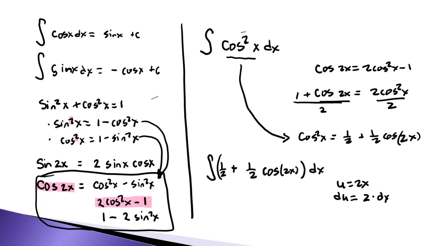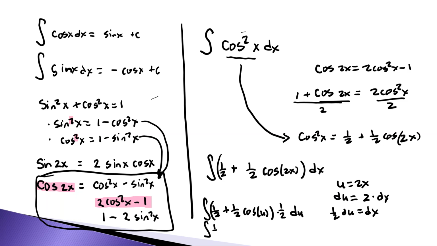I'll divide by 2. 1/2 du equals dx, and this integral will become 1/2 plus 1/2 cosine u times another 1/2 du, and that I know how to integrate.